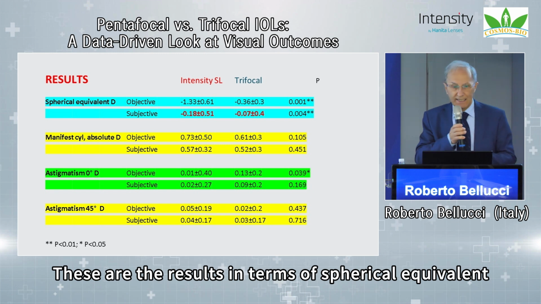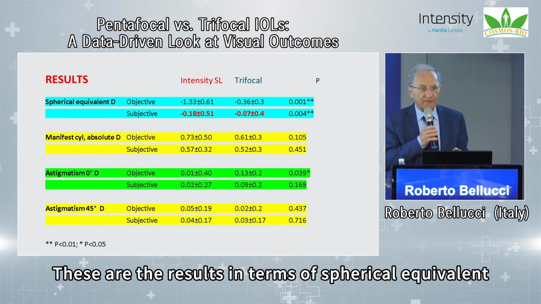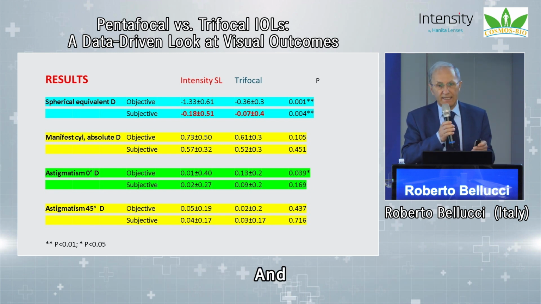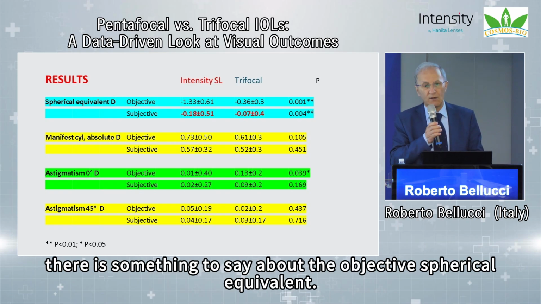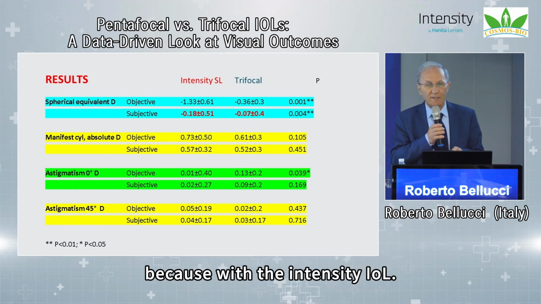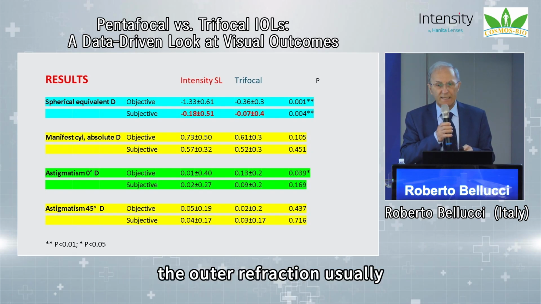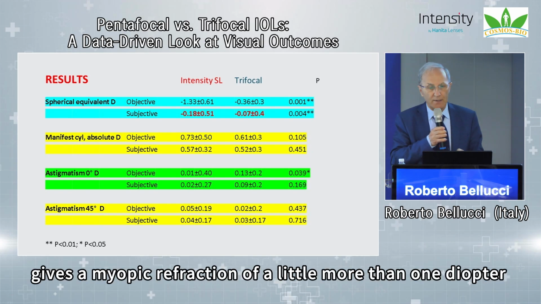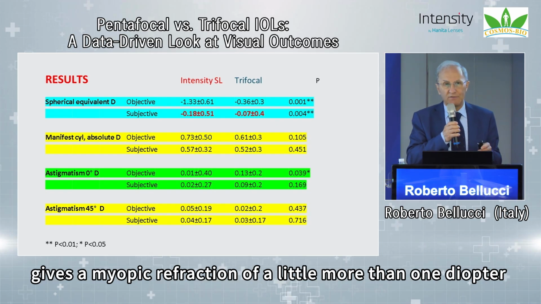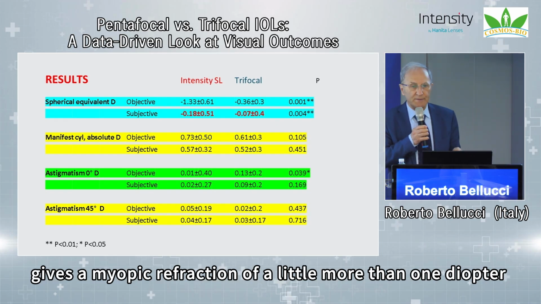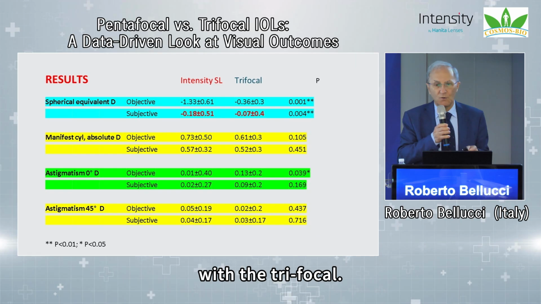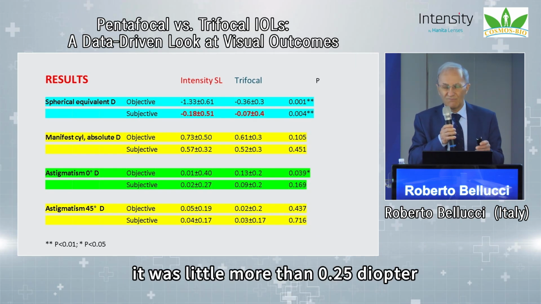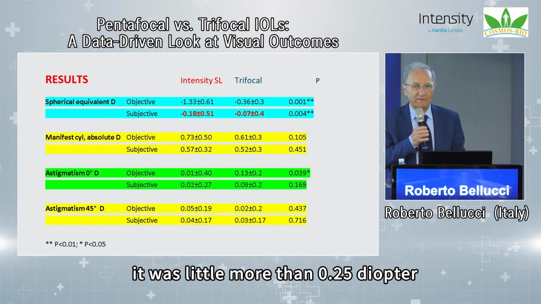These are the results in terms of spherical equivalent, and there is something to say about the objective spherical equivalent, because with the Intensity IOL, the auto-refraction usually gives a myopic refraction of a little more than 1 diopter. With the trifocal, it was a little more than 0.25 diopter.